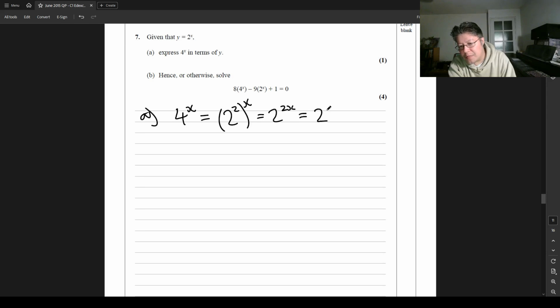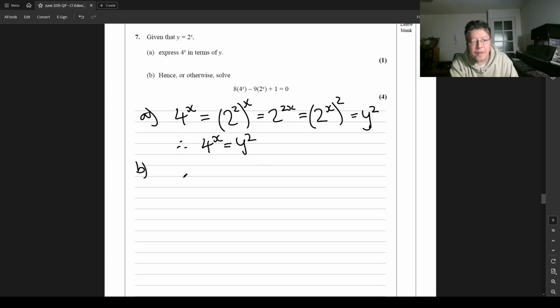So this is 2 to the power of x, all squared. So these are the same, because 2 times x and x times 2 is the same as 2x. And then the thing in the bracket, this 2 to the x, is y. So this equals y squared. So the final answer then is that 4 to the x is equal to y squared.